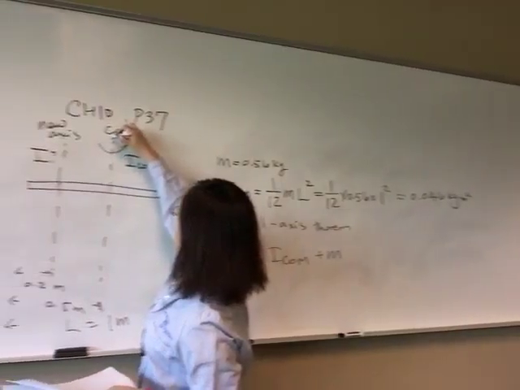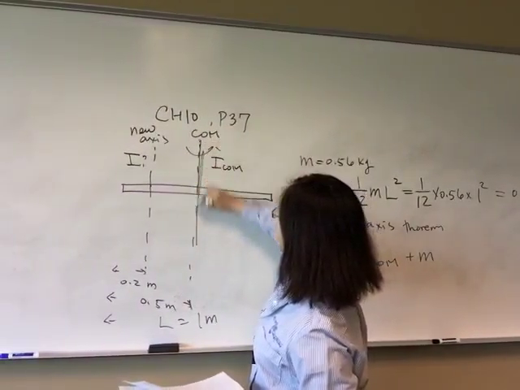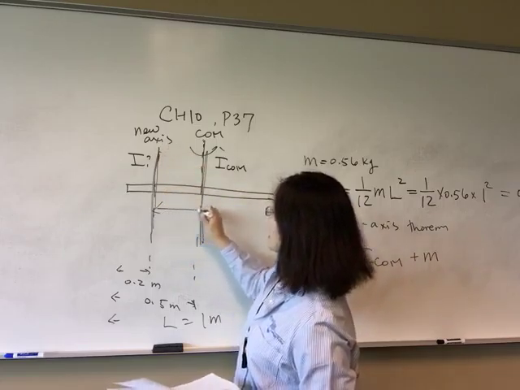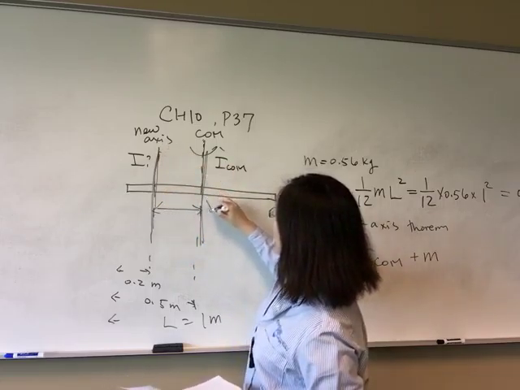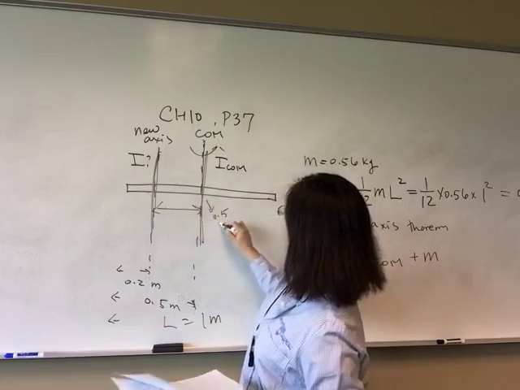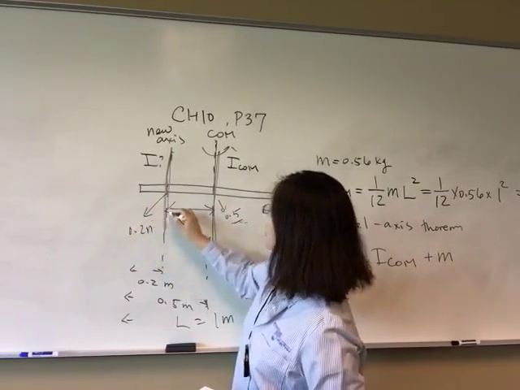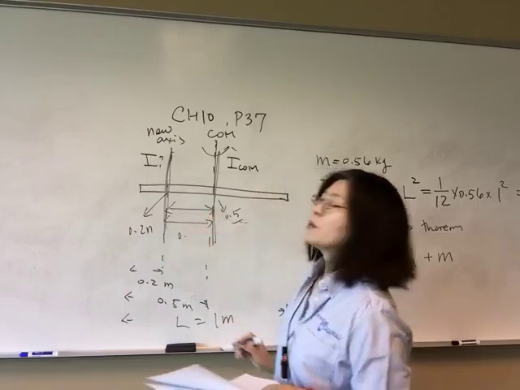This is the axis through the center of mass. This is the new axis. The separation between them is this. This is located at the 0.5 meter mark, and this is located at 0.2 meters. So the separation between them is just 0.3.